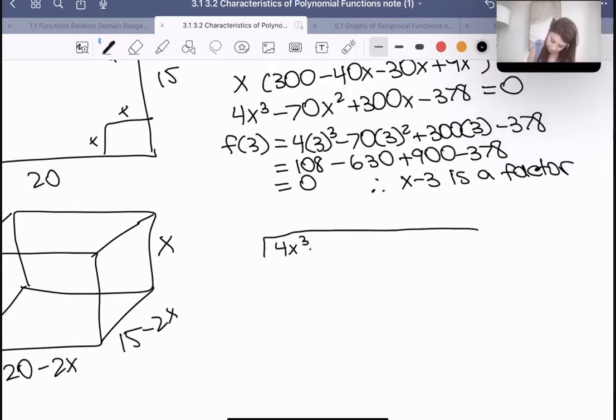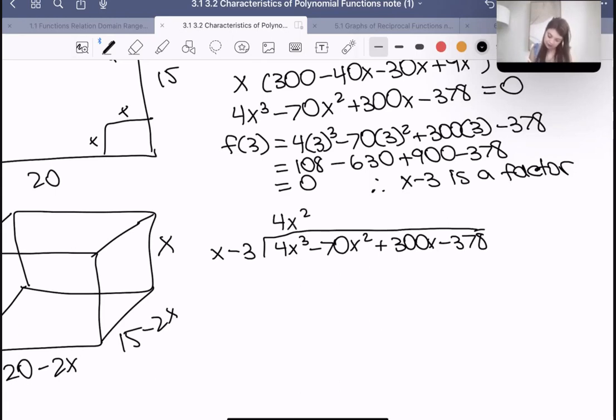4x cubed minus 70x squared plus 300x minus 378. And then over here we have x minus 3. So there we go. Okay, so x times what is 4x cubed? 4x squared.